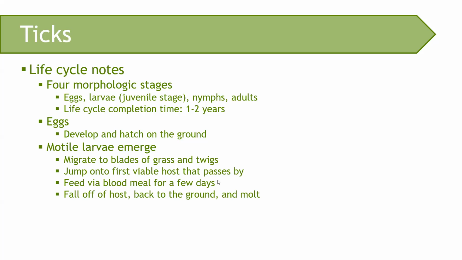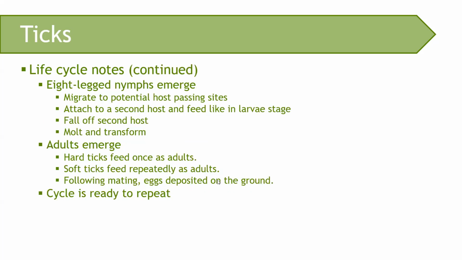The eggs of the ticks hatch and develop on the ground, and then the motile larvae migrate to the blades of grass and twigs, feed via blood meal for a few days, fall off the host back to the ground, and molt. The eight-legged nymph emerges. That's the continuity of the life cycle.